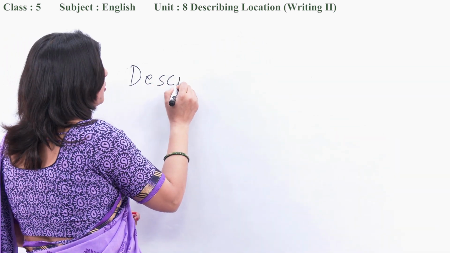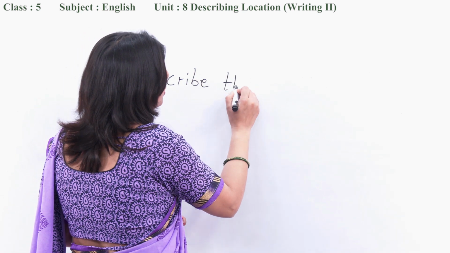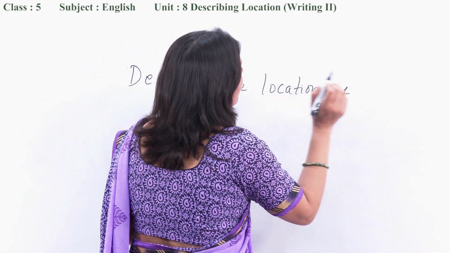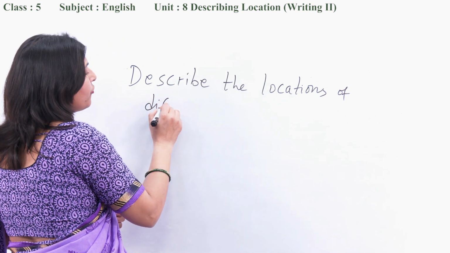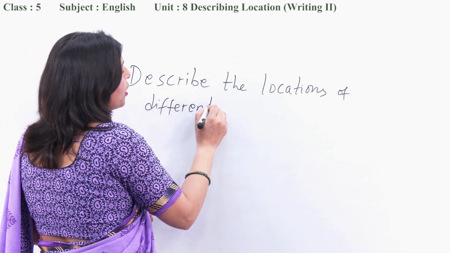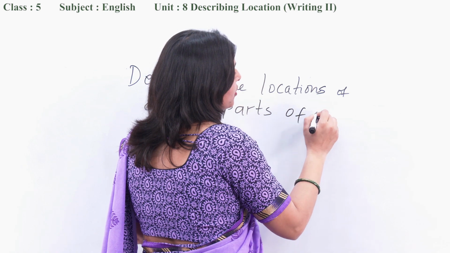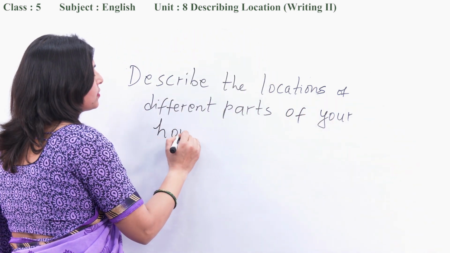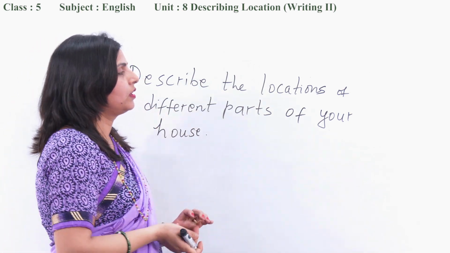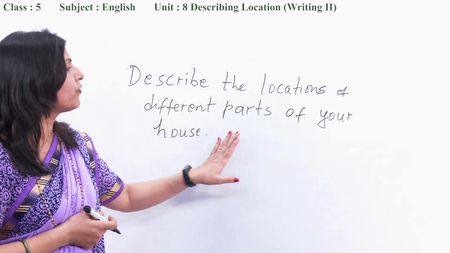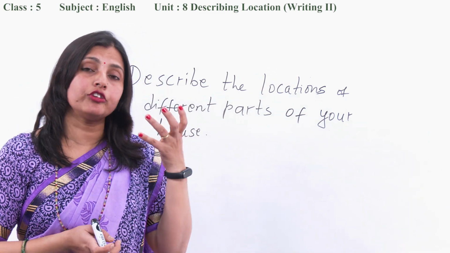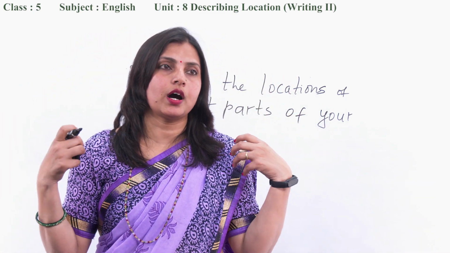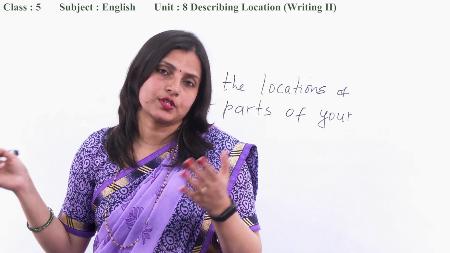Okay, describe the locations of different parts of your house. What are the different parts in the house? Tell me. What are the different sections of the house? Different parts.